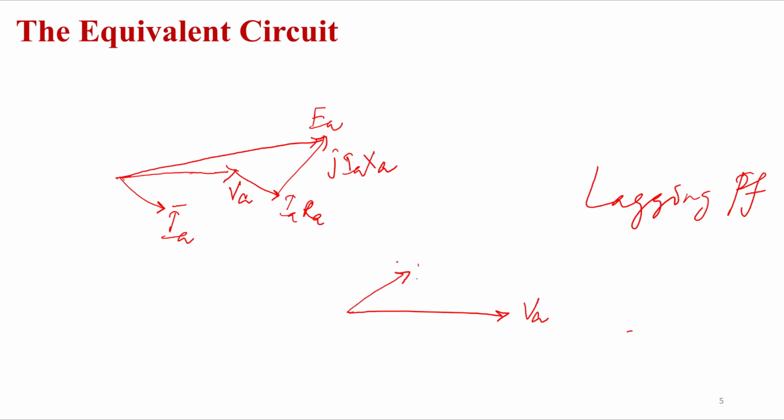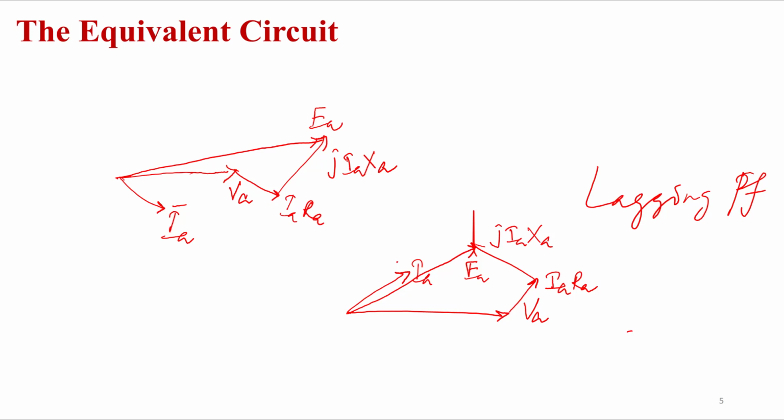VA, IA, right? Here it will be IA RA, then it will be j IA XA, and here it is EA. So therefore the magnitude of EA is less than VA for the leading power factor.